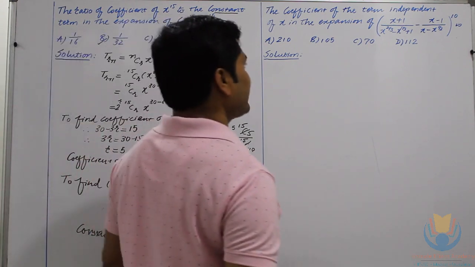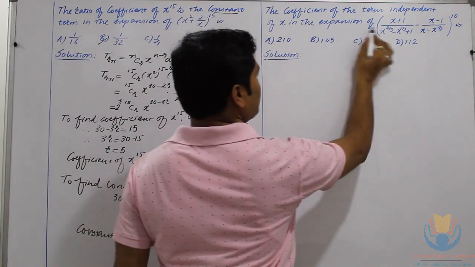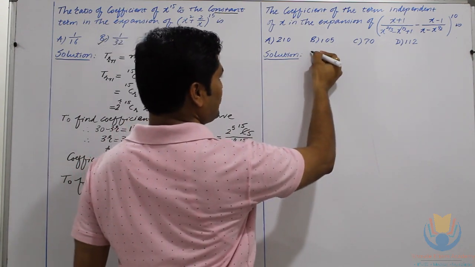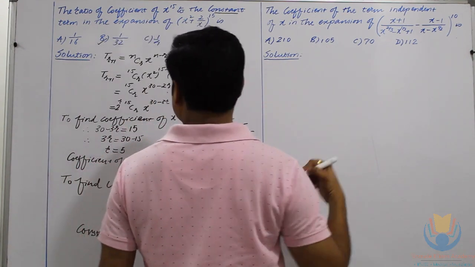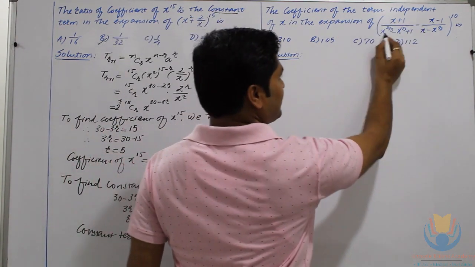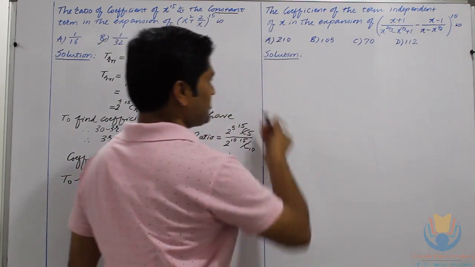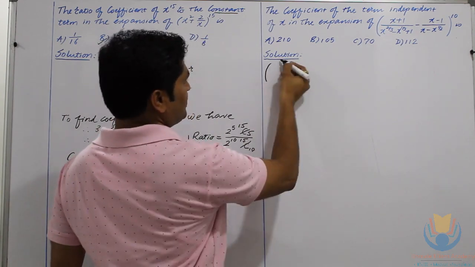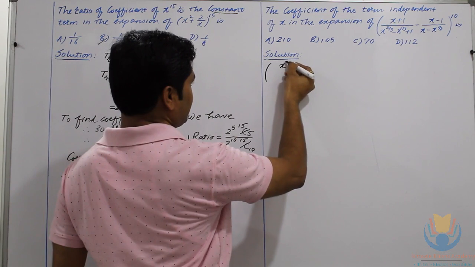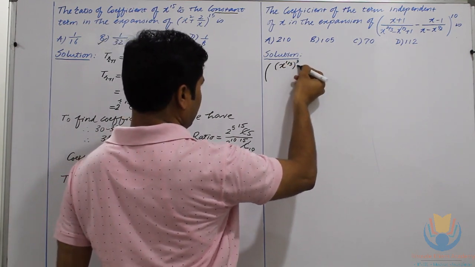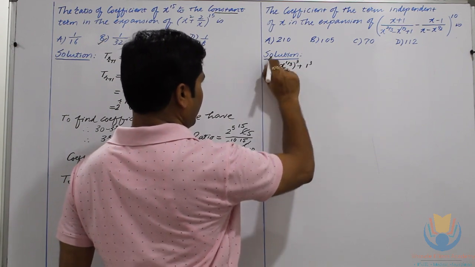So let's continue with the second MCQ. Here also we are going to use the same formula, that is T(r+1) is equal to nCr into x raised to n minus r into a raised to r. But before that we will have to simplify this expression. So let's write the same expression here. The numerator x plus 1 can be written as (x raised to 1 upon 3) whole cube plus 1 cube.